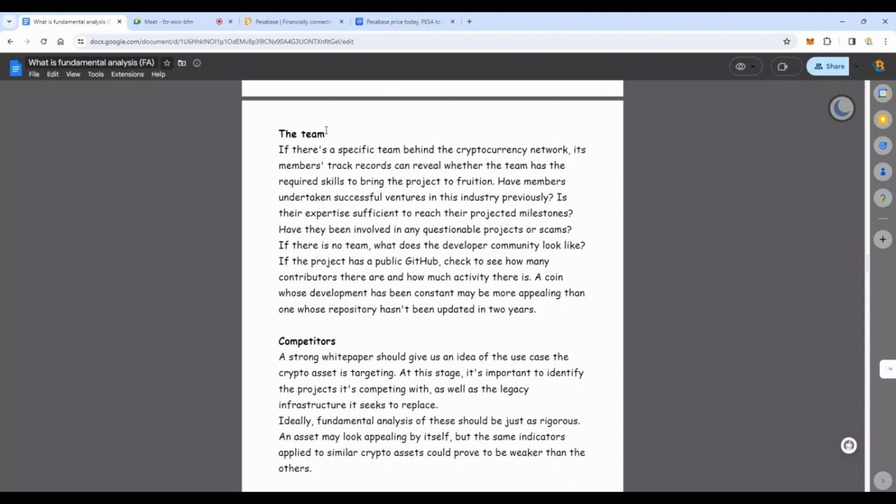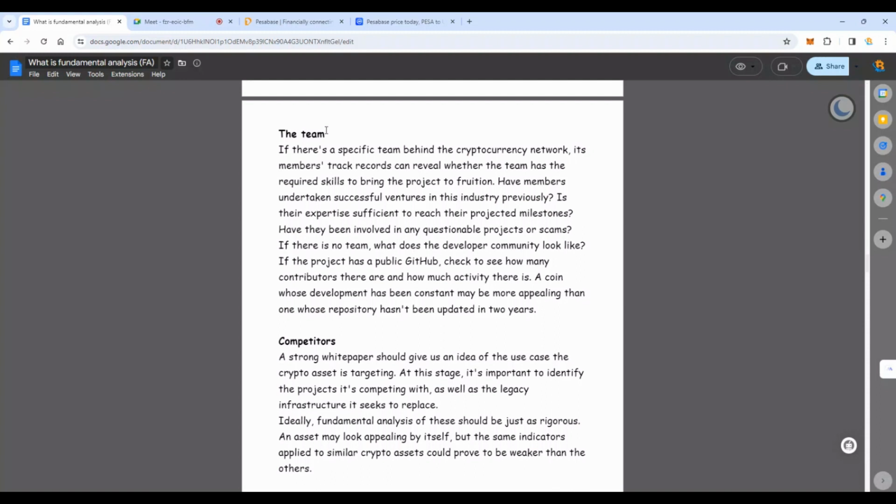Now, if there's no team, what does the developer community look like? If the project has a public GitHub, check to see how many contributors there are. GitHub is essentially a platform that computer scientists use to record their project or progress on any given project. So you can check their GitHub to see how many contributors there are and how much activity there is.